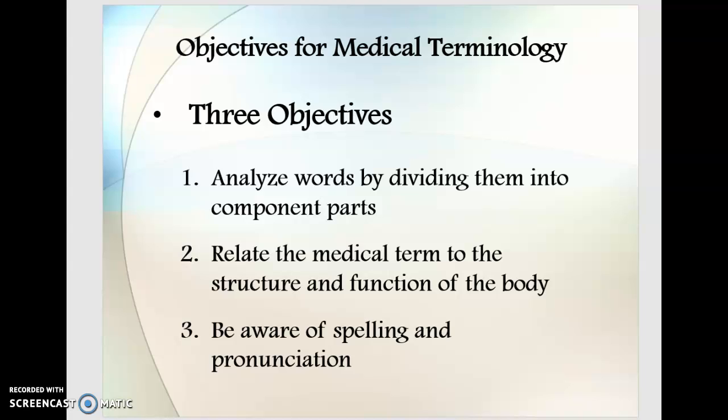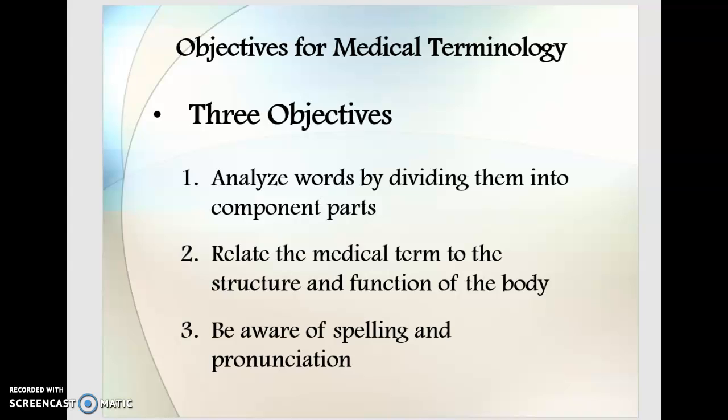All right. The second objective is to be able to relate the medical term to the structure and function of the body. Being able to identify what their function is will help you better understand what the medical term means. And be aware of the spelling and pronunciation.